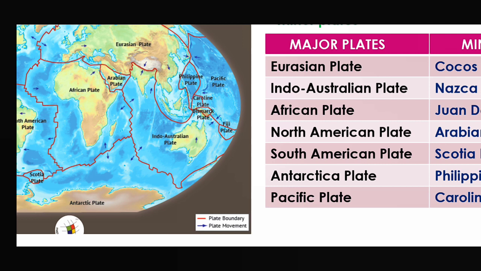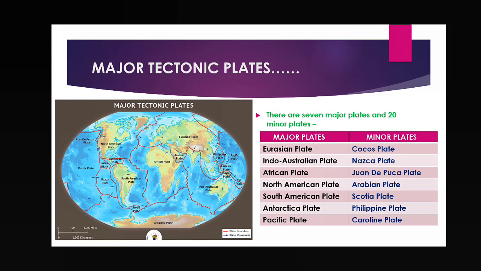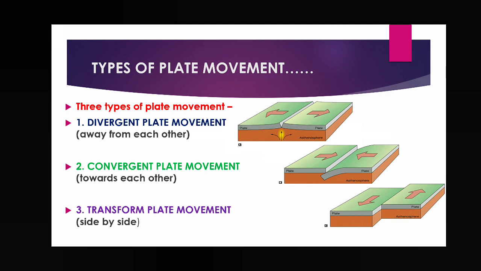So many other names of minor plates are there, like the Bismarck plate and the Fiji plate, but I have given only 7 names of minor plates. So these are the major and minor plates of the world. Next, I have already told you another thing: plates are moving. Plates are not constant. They are moving on which layer? That is the asthenosphere.